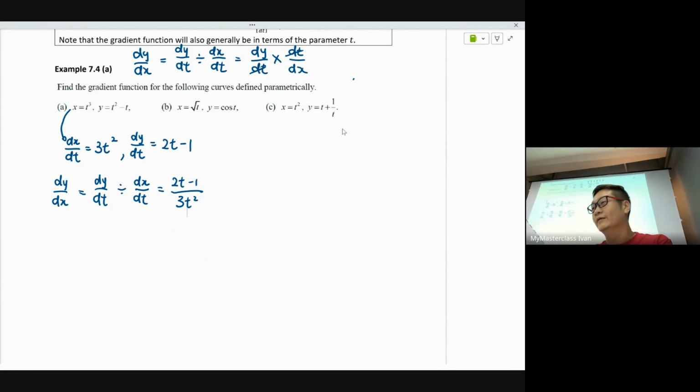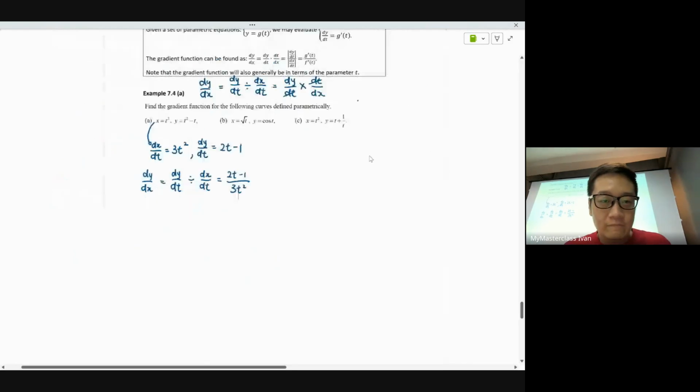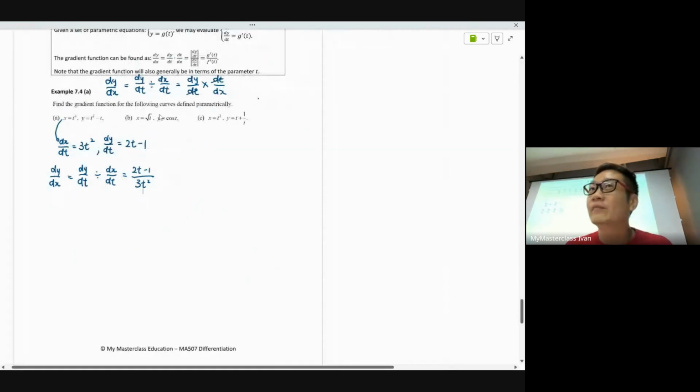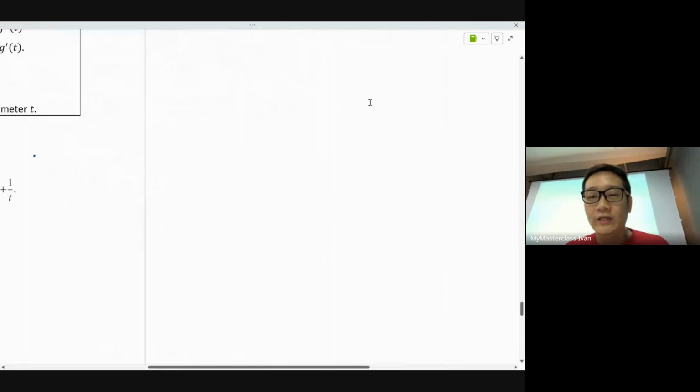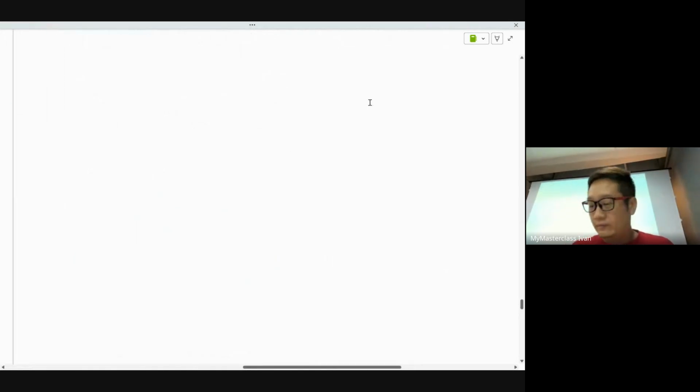Okay, the thing about limits. This is differentiation in the first principle, which is in your notes. How to understand this?